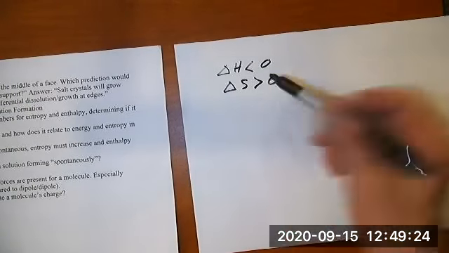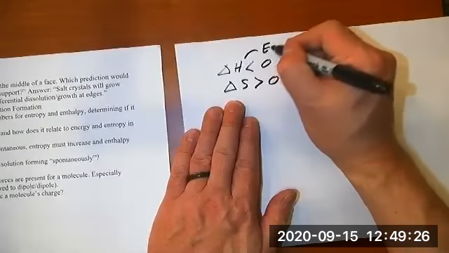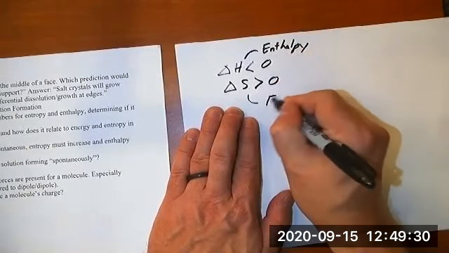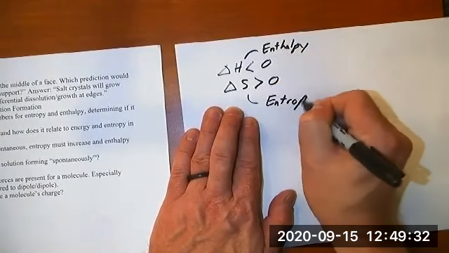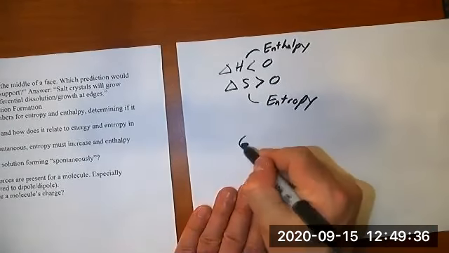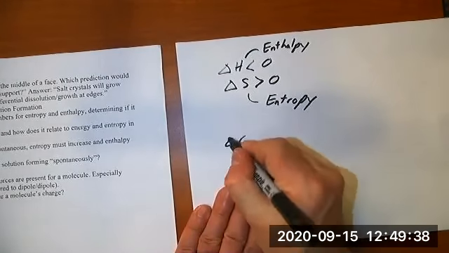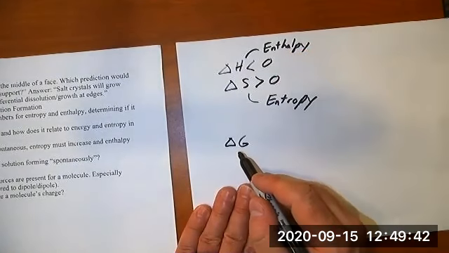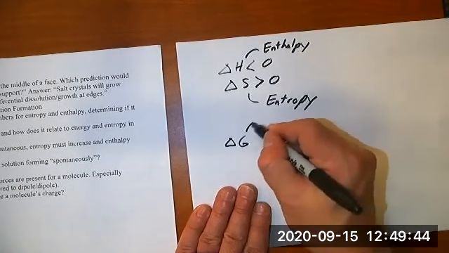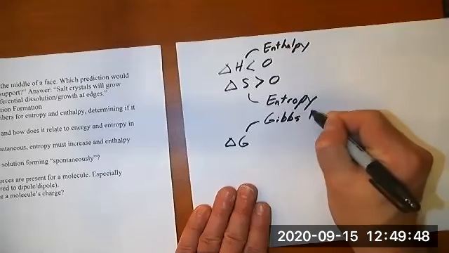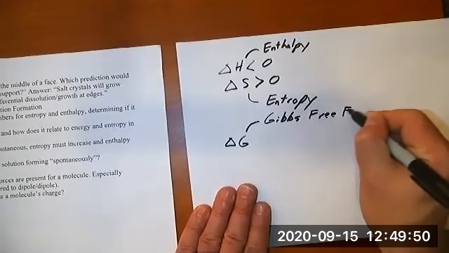Well, this is enthalpy. This is entropy. There is a related quantity, G. And just like these, we talk about changes in enthalpy or changes in entropy, here we talk about delta G. G is called Gibbs free energy.